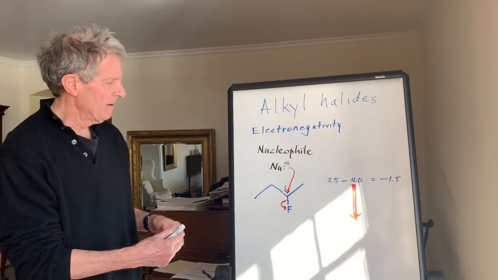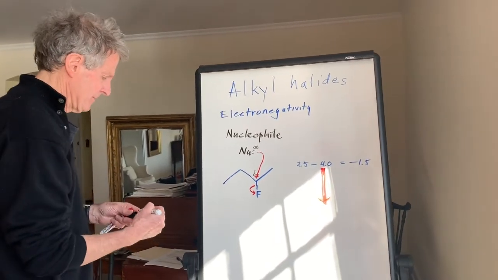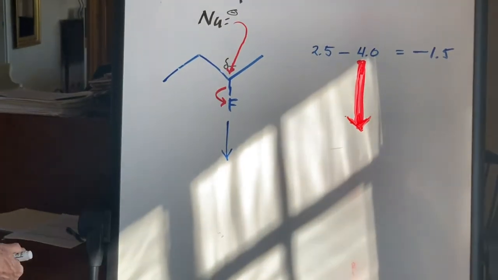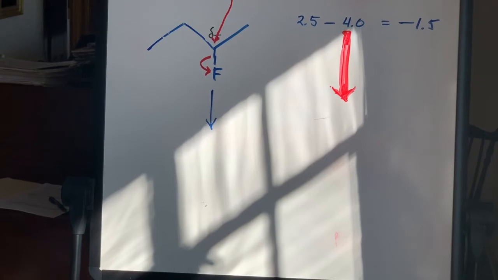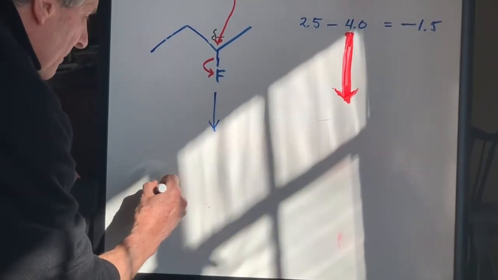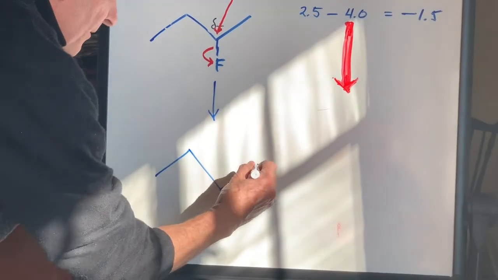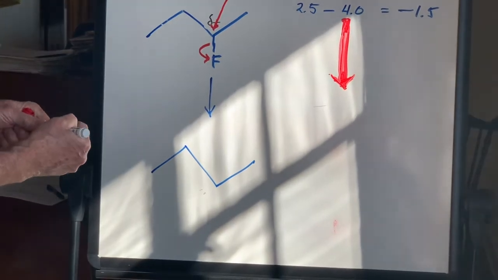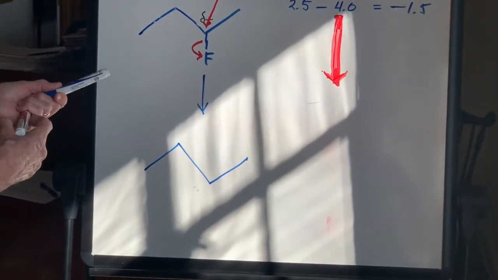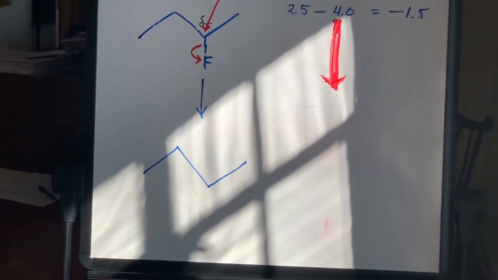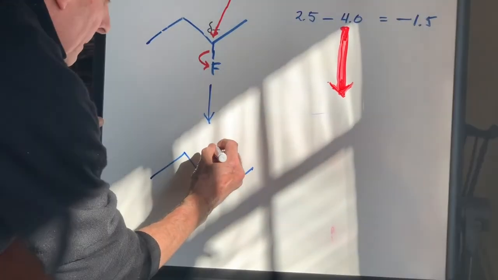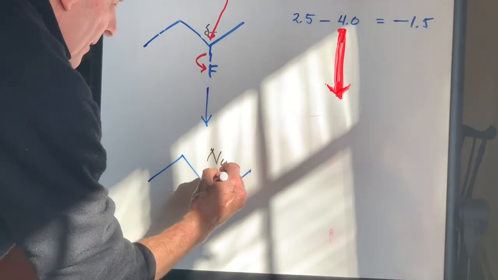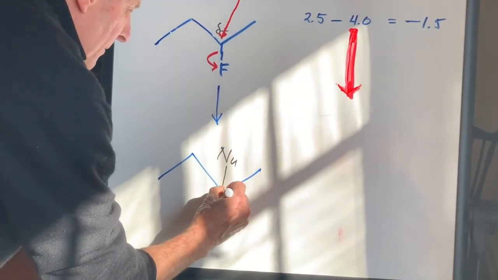And the effect of such an action will be that the carbon framework will remain, so a 4-carbon chain, 1, 2, 3, 4, and now there is a new bond between the nucleophile and carbon.